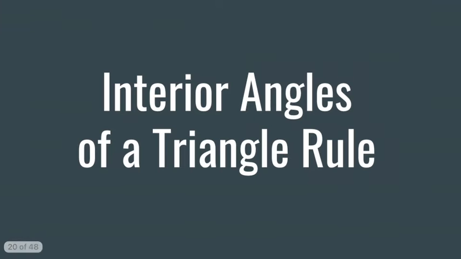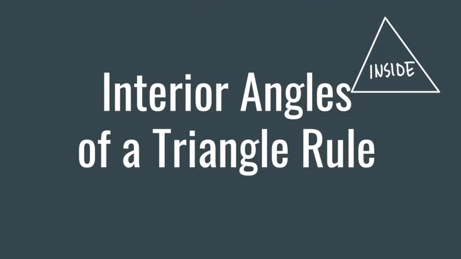So interior angles of a triangle, okay? Interior, if we have a triangle, would be inside. We are talking about the angles that are inside the triangle, because interior means inside.